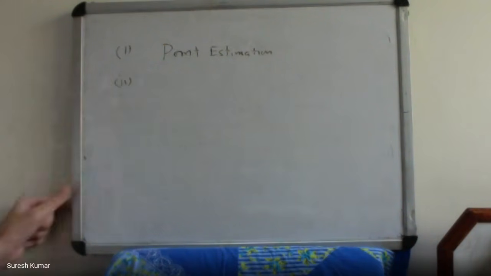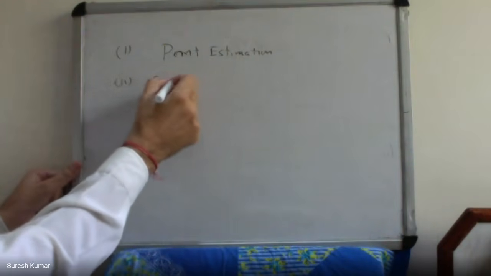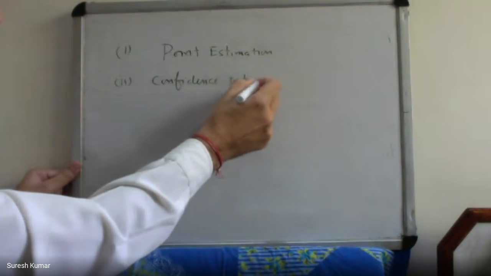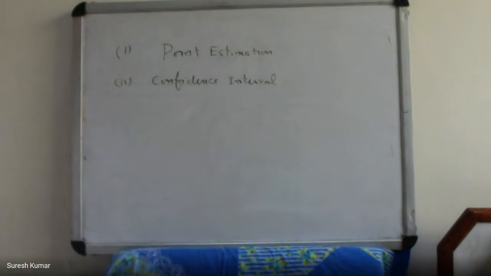Second, confidence interval. In this case, we use the sample information to determine an interval with certain probability where the population parameter is supposed to lie. We do not give the value of the population parameter, rather we tell an interval which we call confidence interval.